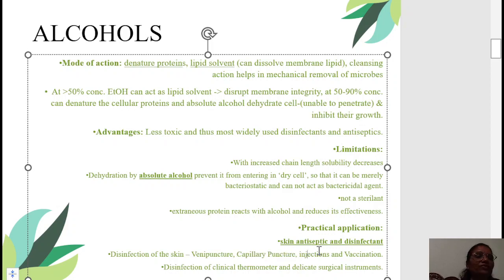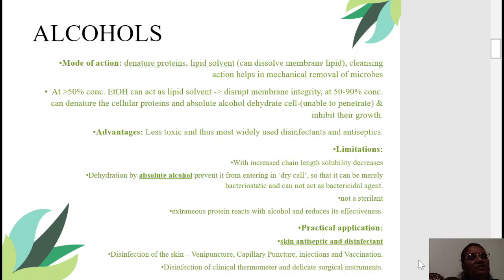Even while giving injections or during vaccination, the skin area is degermed with the help of alcohol, that is spirit, either ethanol or isopropyl alcohol. Additionally, it can be useful for instant disinfection of fragile or delicate instruments like thermometers and surgical instruments.